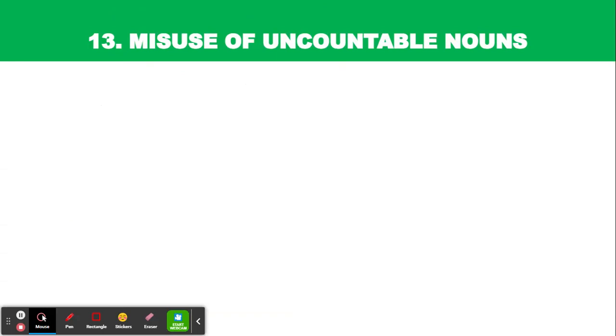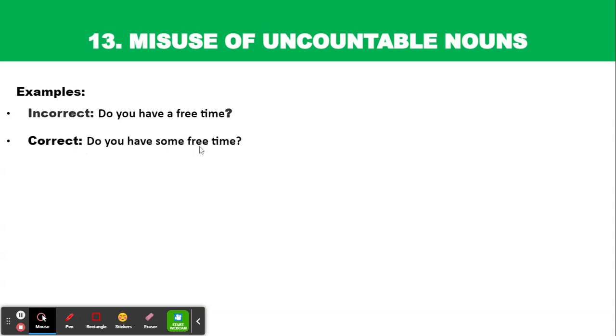Number 13, misuse of uncountable nouns. For example, "do you have a free time?" Here, time is uncountable, and so you cannot use an indefinite article like when you are talking of a countable noun. So the correct thing is to say, do you have some free time, or do you have free time.